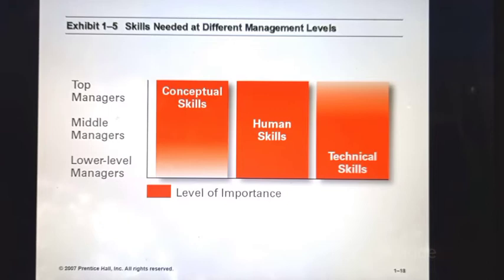If you have observed, among the level of importance in all management levels, the human skills is needed all throughout. This is how important human skills is.